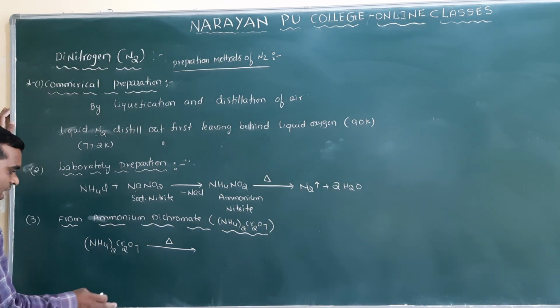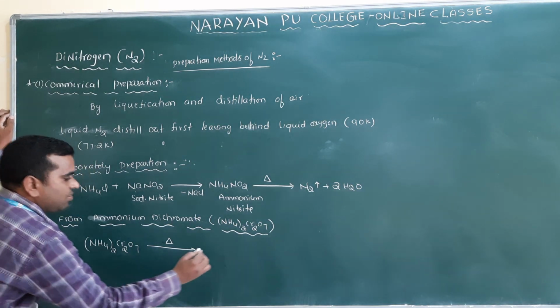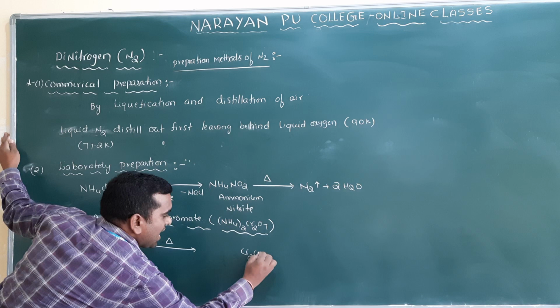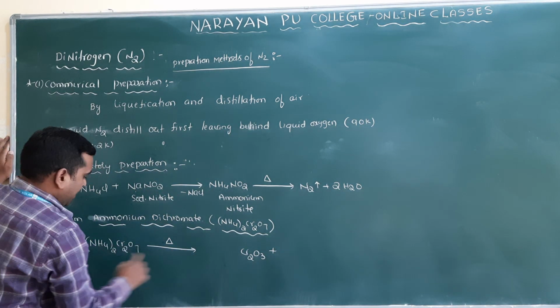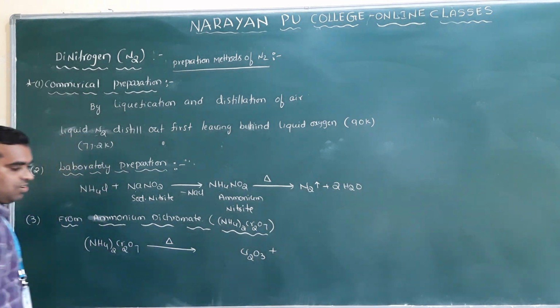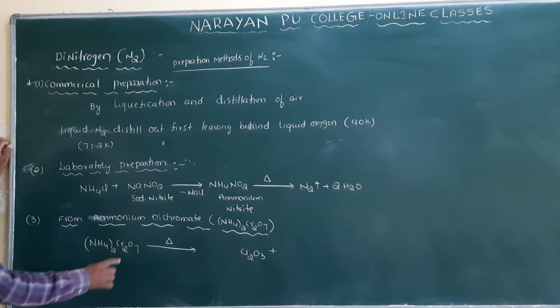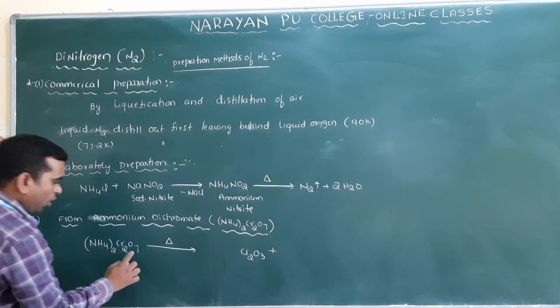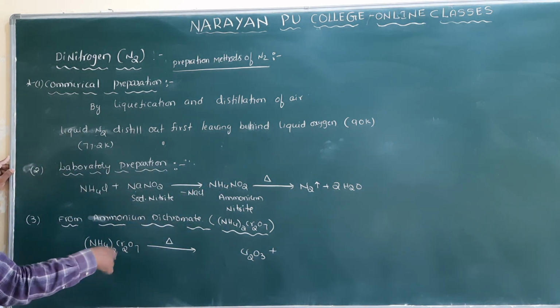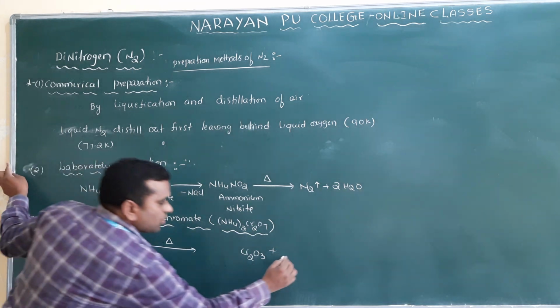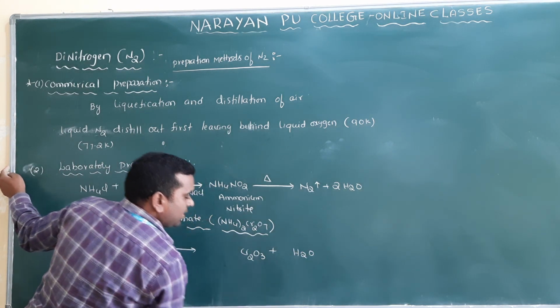So now you see what happens here: Cr2O7 will be converted into Cr2O3. How many oxygens are removed here? 3. How many are there here? 4. The oxygens and the hydrogens will be removed as water. So next one is water. Clear?